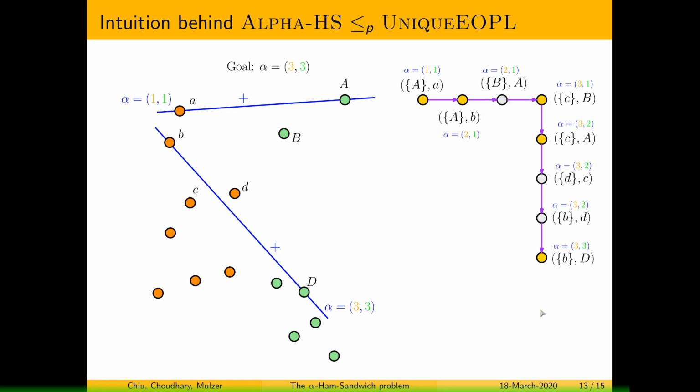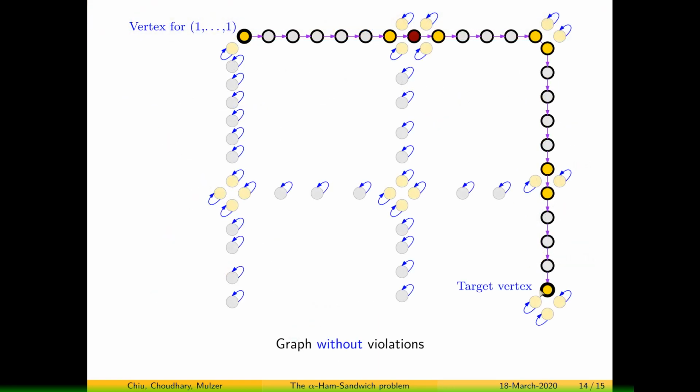You are given the source and you want to find the end. More generally, this defines a graph which looks very much like a grid graph. You are given a vertex representing the tangent hyperplane, and by walking on a path starting at that vertex, we can reach the target vertex. All of the other vertices are self-isolated.